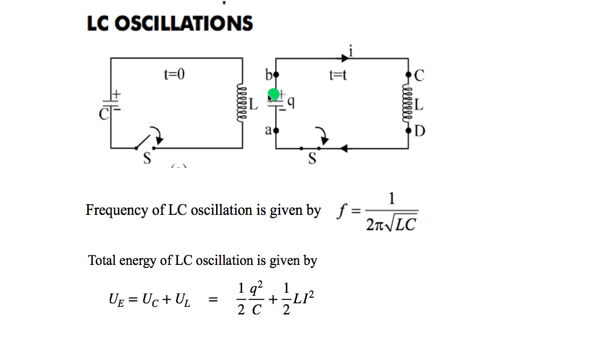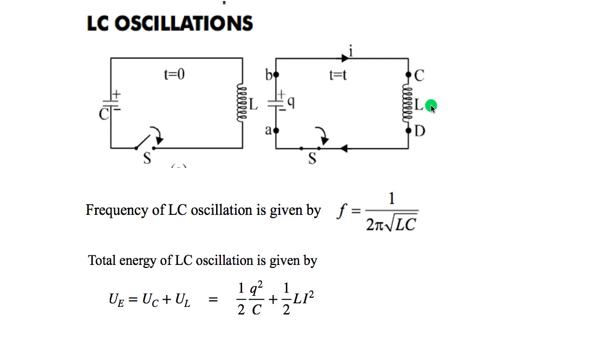As the entire charge in the capacitor gets discharged, the entire stored electrical energy in the capacitor is converted into stored magnetic potential energy in the inductor.